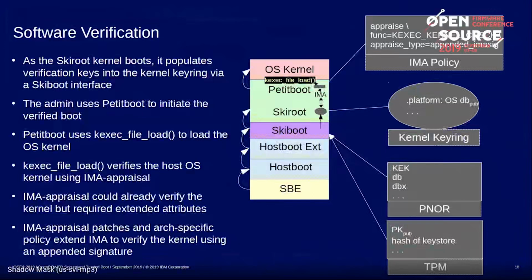Everybody's got kexec kernels, so we're hoping that this is a generally useful thing. And so we have an arch-specific policy right now for PowerPC to add this kernel policy to verify the kernel for our skiroot kernel.